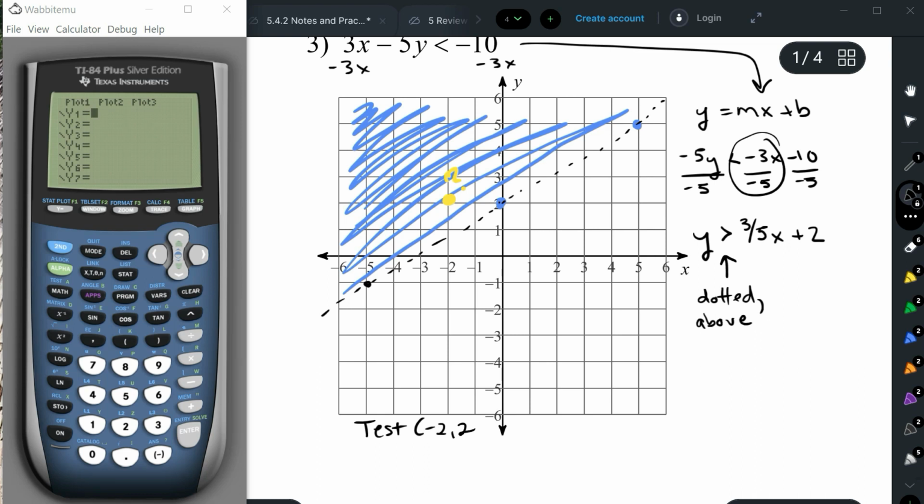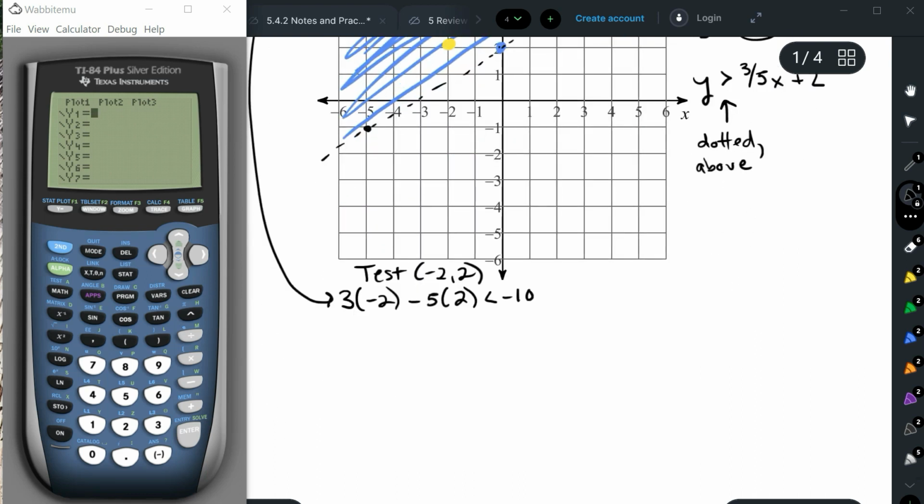And basically, is 3 times our x value, -2, minus 5 times our y value, 2, less than -10? I'm putting them back into the very original equation. We ask ourselves, is -6 minus 10 less than -10? And -16 is certainly less than -10. So that means we shaded in the right spot, and we are good to go.